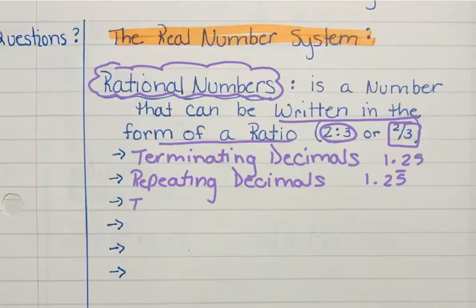Integers. Okay, so those are the positive and negative numbers. We have whole numbers.